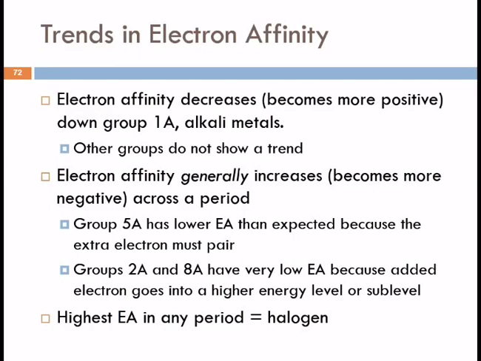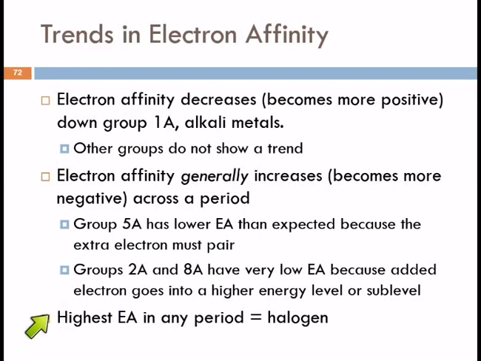Group 5A wants that extra electron less than expected because that extra electron is going to have to pair. It's the same reason that we saw that difference in ionization energy between 5A and 6A. And groups 2A and 8A, the alkaline earth metals and the noble gases, have very low electron affinities because we're adding those into higher sublevels.